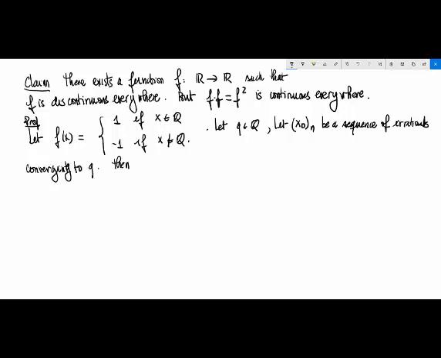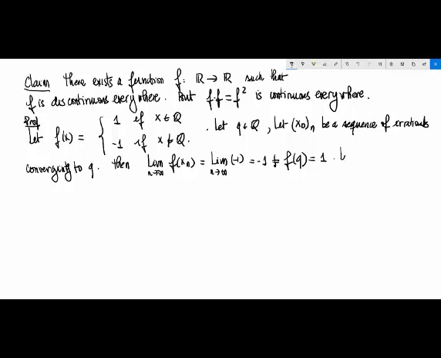Then you can see that the limit of f of xn as n is approaching infinity will be the limit, because every xn is irrational, of -1 as n is approaching infinity, which is -1, which is not equal to f of q, which happens to be 1, because q is a rational number.